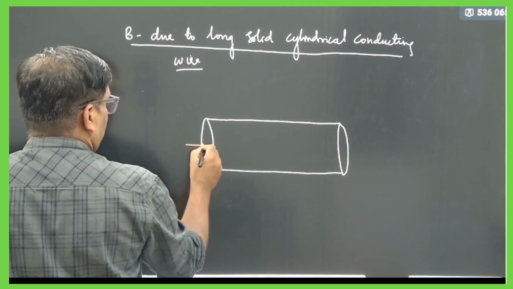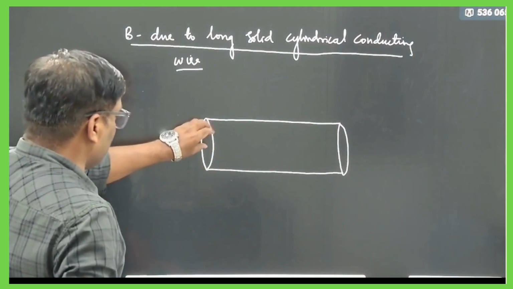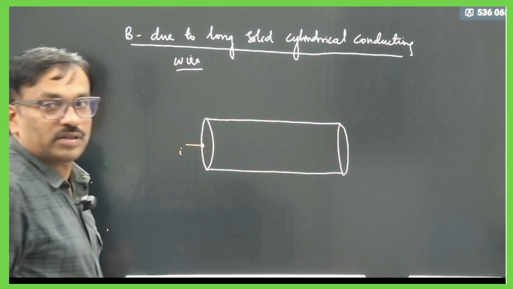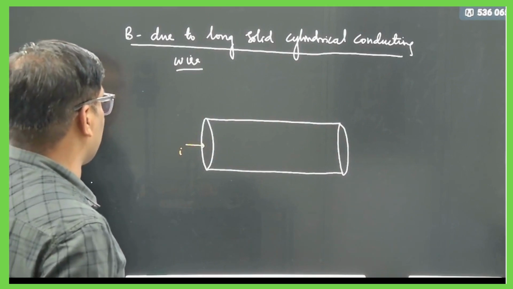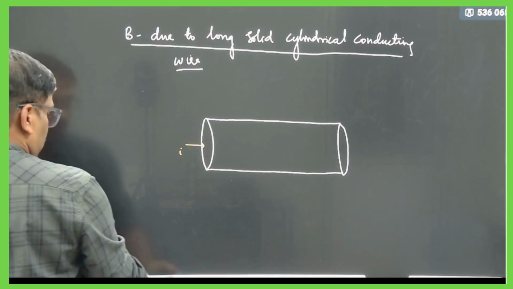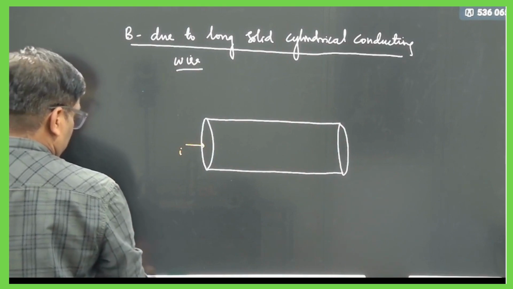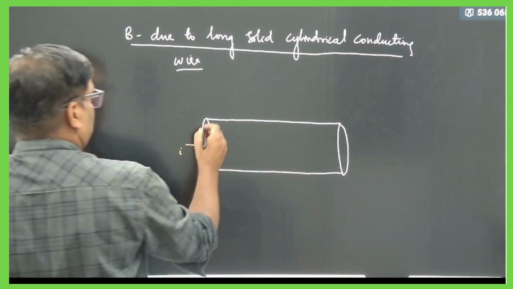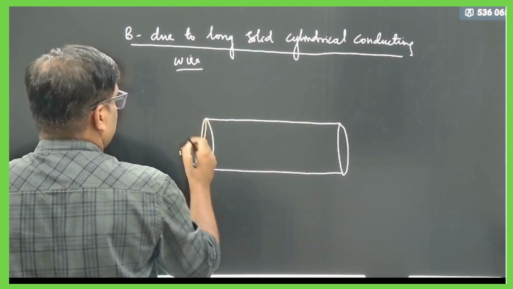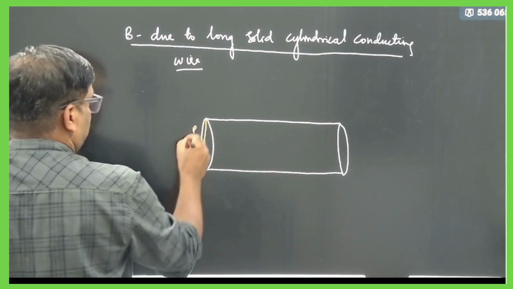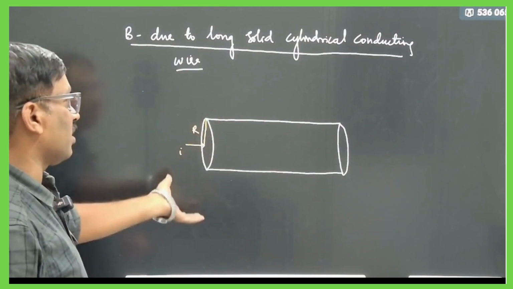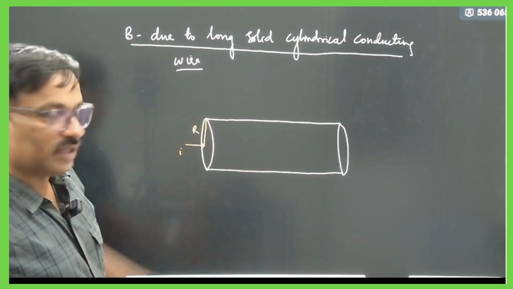This current is distributed uniformly, equally, throughout this solid cylindrical wire. Suppose the current flowing through it is I, and the radius is capital R. Now we will calculate the magnetic field due to this wire outside, on the wire and inside the wire.